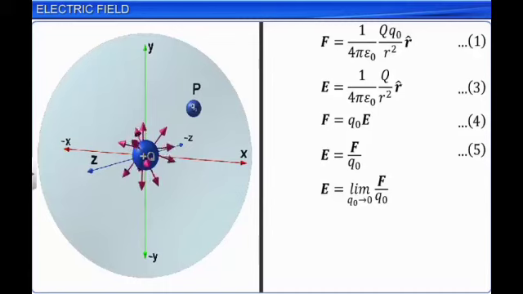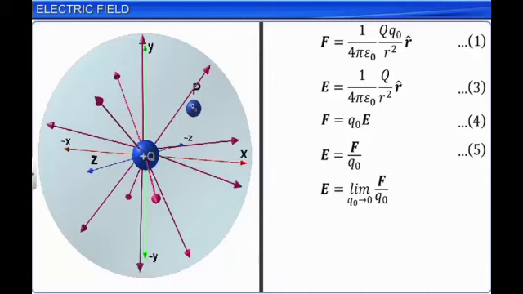The point charge Q0 will be accelerated in the direction of the electric field as it experiences an acceleration A due to the force due to the electric field, and the acceleration is expressed as A is equal to Q0 E by m, where m is the mass of the particle.